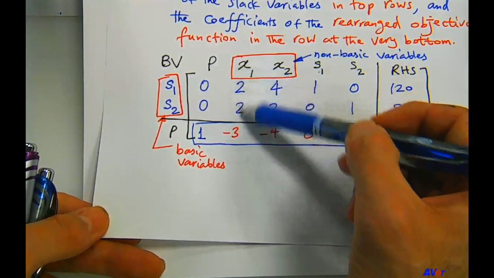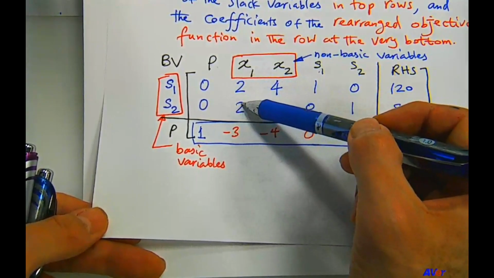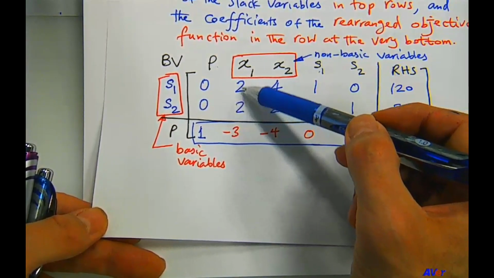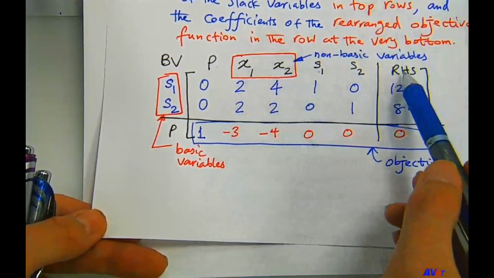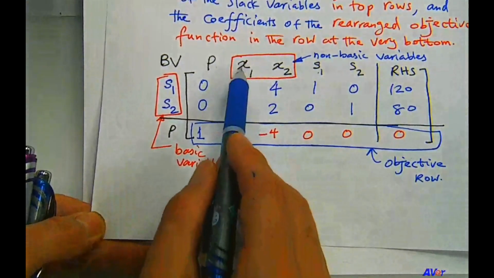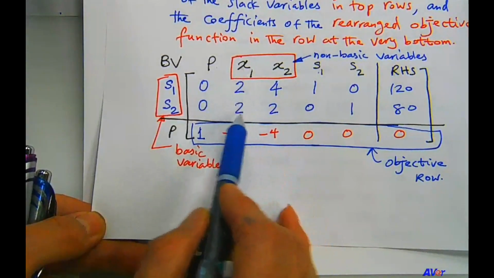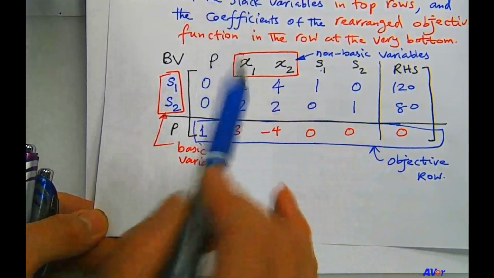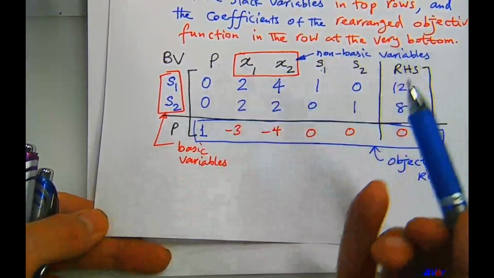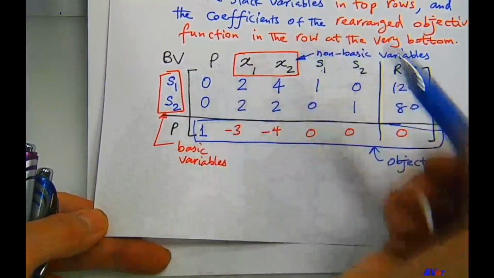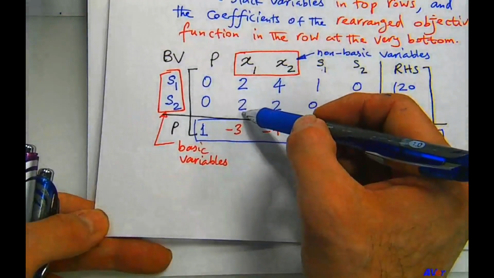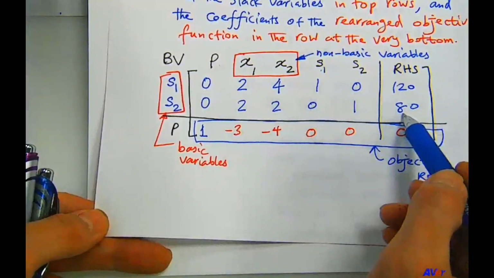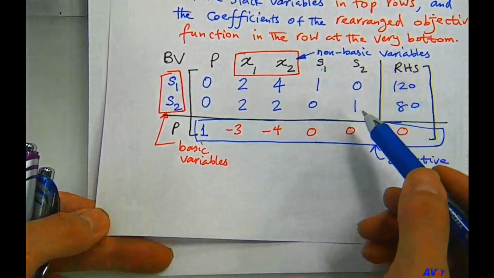If these numbers under the non-basic variables are either 0 and 1, with only 1 in that column, then the right-hand side column has the value of that non-basic variable in the same row as the 1. Not the zeros, in the same row as the 1. So suppose I had a 1 in my final tableau here and a 55 here. Then the value of x1 would be 55. Okay, that's what we're talking about.